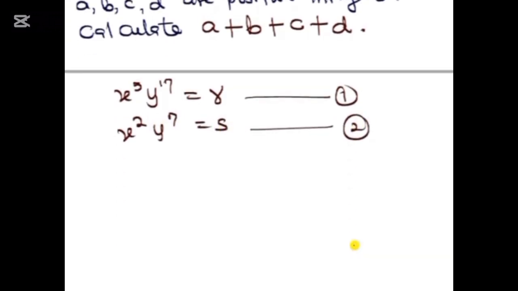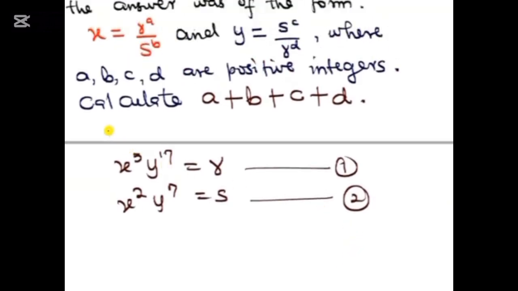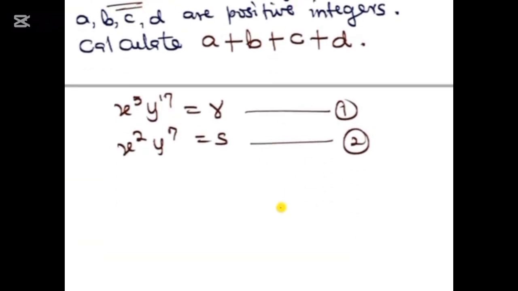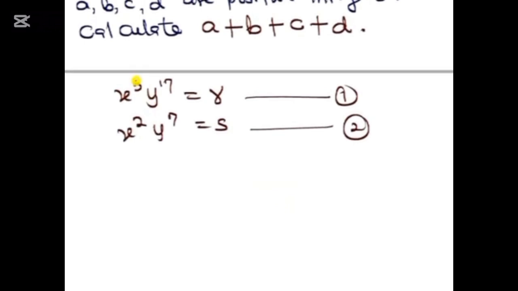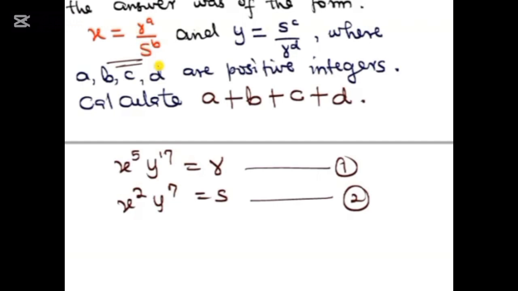So what are we going to do now? The two solutions they got, that's the x and y, are in terms of s and r. So if it is possible to get the value of x and write it in terms of s and r, then whatever is the power would definitely be equivalent to our a and b.